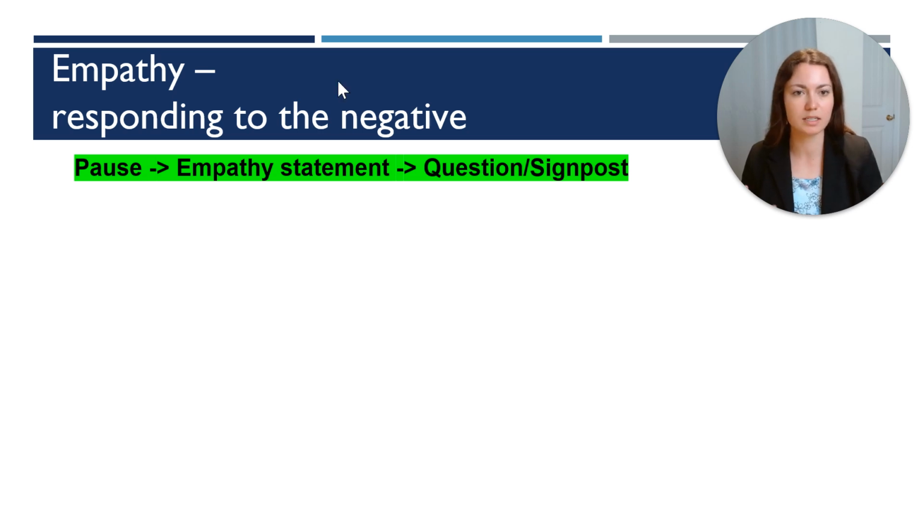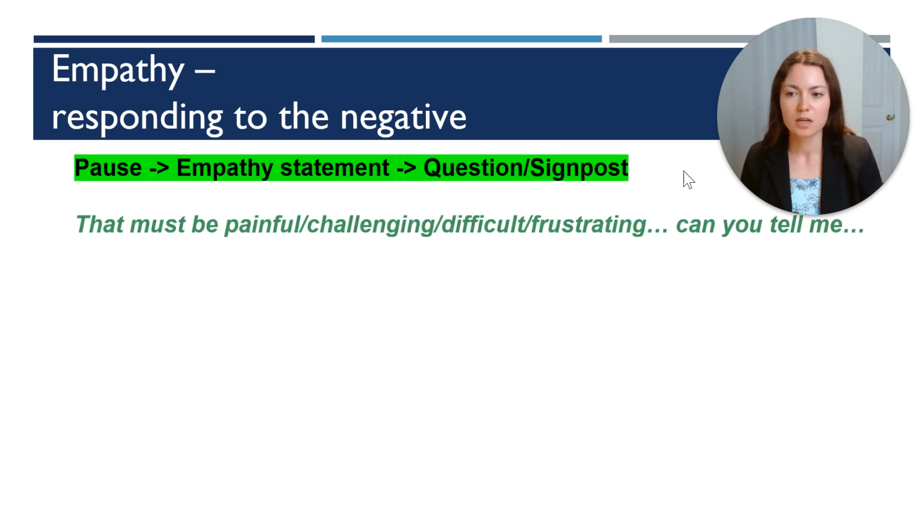So let's take a look at the actual language here. Here are a few examples of phrases that are commonly used. This one here, that must be, and then you can choose painful, challenging, difficult, frustrating, whatever adjective is appropriate to what they just said.